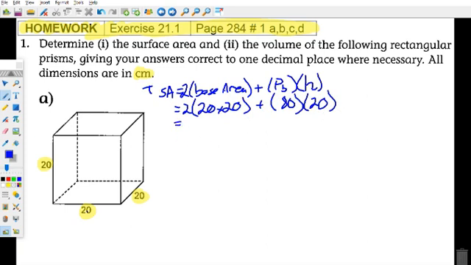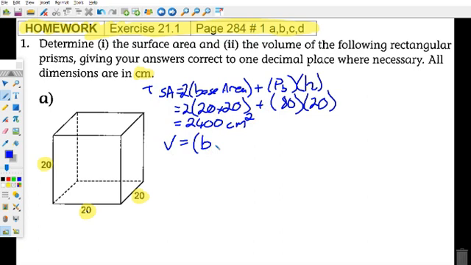Put it in a calculator now, and you're going to get 2 times 20 times 20 plus 80 times 20, and we're going to get 2,400 centimeters cubed because it's volume. Oh, no. Square. It's area. My apologies. Total surface area. It's centimeters square.